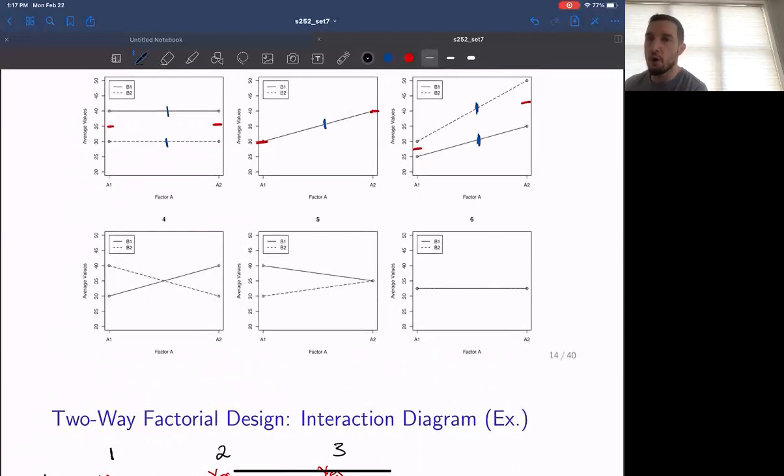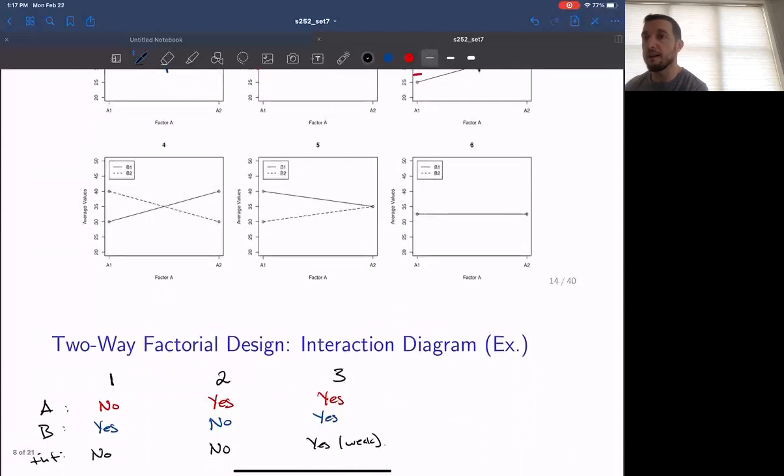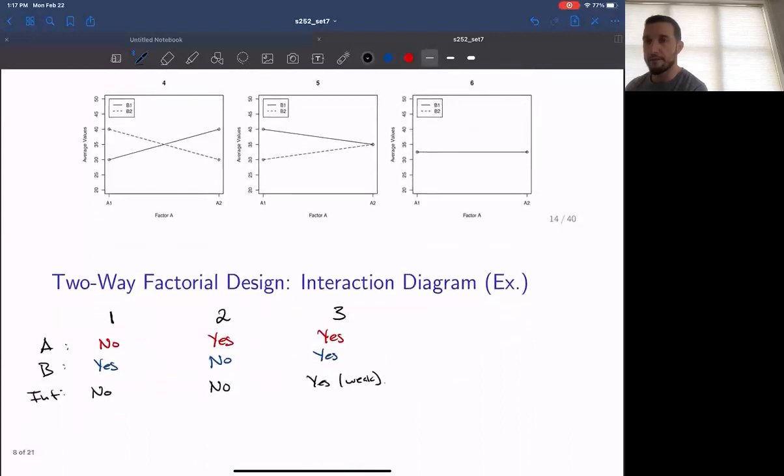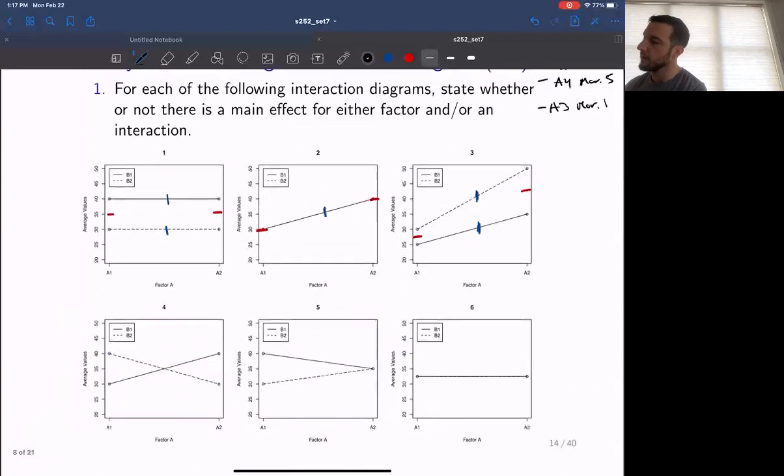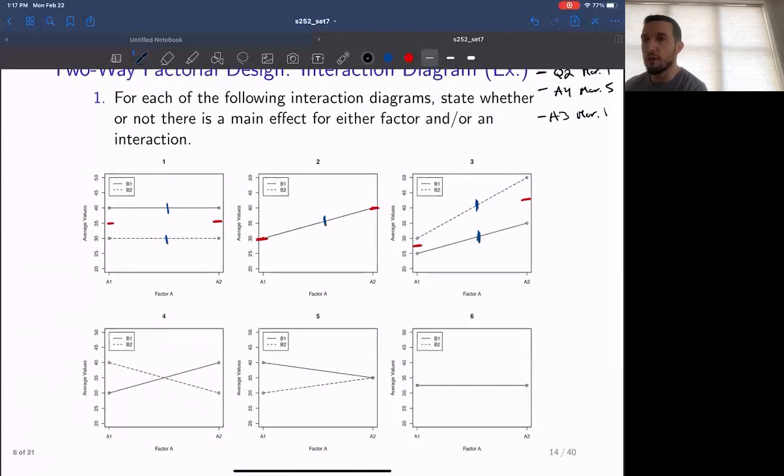This indicates no main effect for factor B because that value is the same. So we have the no. Finally, we have the two lines sitting on top of each other. So we have a parallel system. That indicates no interaction because the lines are parallel.